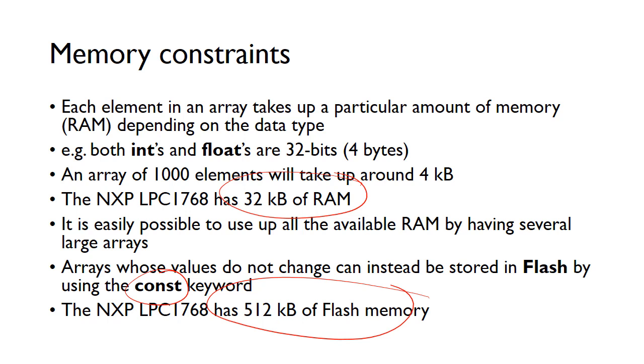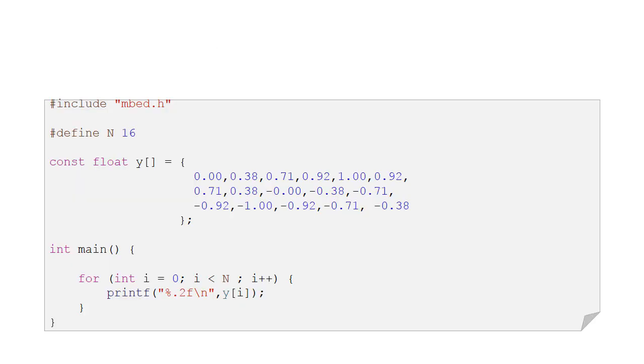So if we can, it's better to store arrays in flash, but they need to be constant arrays. In the previous example, when we use a loop to populate the array, that's a dynamic array. So if you're going to create a lookup table like this, you'd have to calculate the sine values offline and then manually put them in the array.